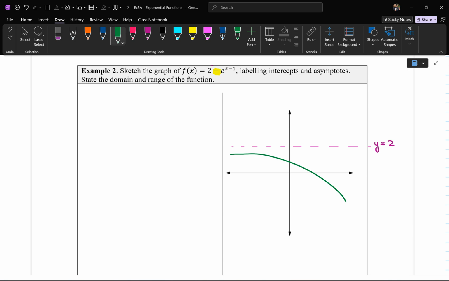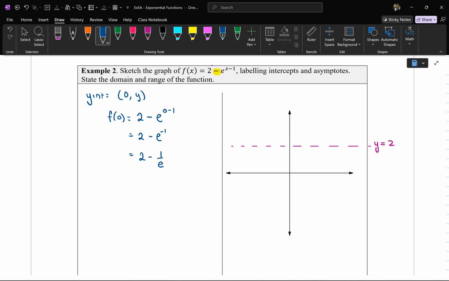What I don't know is where my x-intercept and y-intercepts are. So you're going to find your x and y-intercepts first. Let's go. Y-intercept is when x is equal to 0. Let's find y. So f of 0 is equal to 2 minus e to the power of 0 minus 1. And you get 2 minus e to the negative 1.